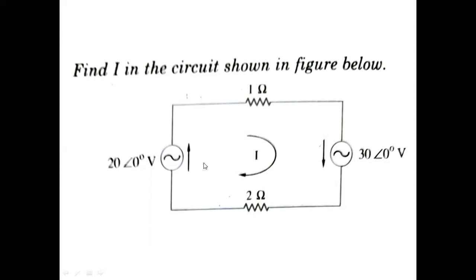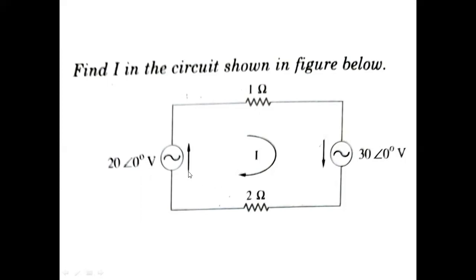This is a potential rise and this is a potential drop, because current is entering at the tail of the source direction. So this is a potential rise. Here it is a potential drop.